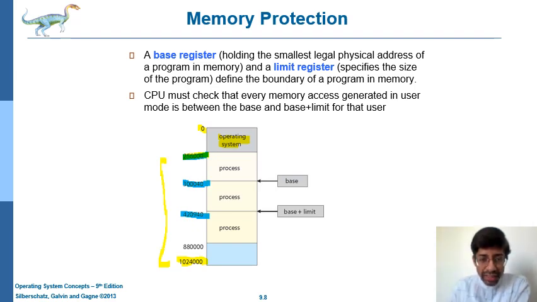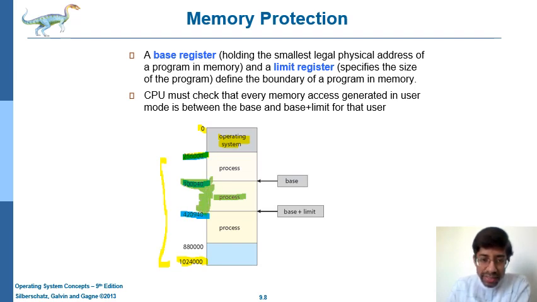Talking about the second process, the base address shall be 300040, and any address of the memory which is generated by process 2 must be limited to the range 300040 till 420940.